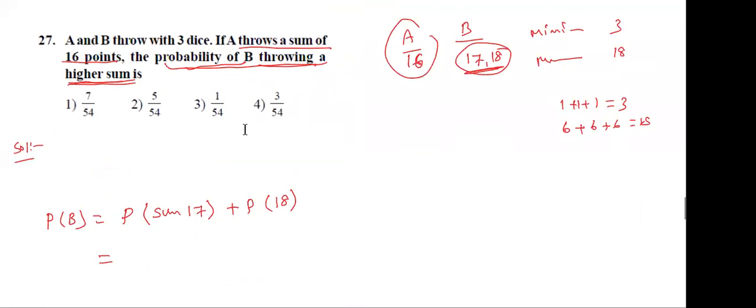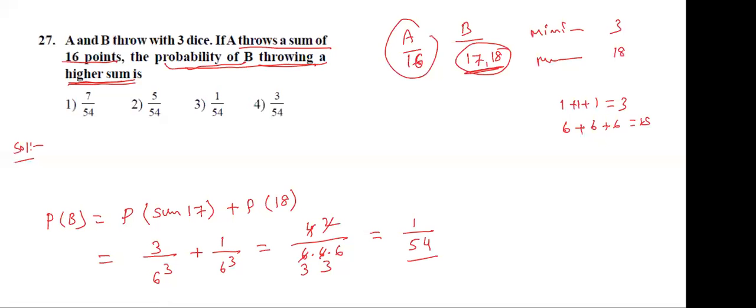Probability of sum 17 points is 3 by 6 cube, sum 18 is 1 by 6 cube. Totally 4 by 6 cube, that is 6 into 6 into 6. 2 2s are, 2 3s are, 2 3s are. Overall calculation gives 1 by 54. Required probability is 1 by 54. Third option is correct.